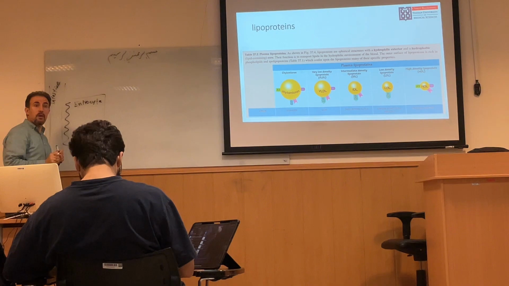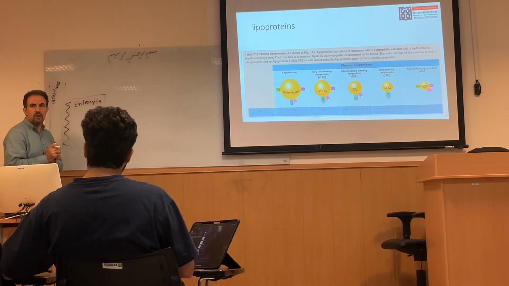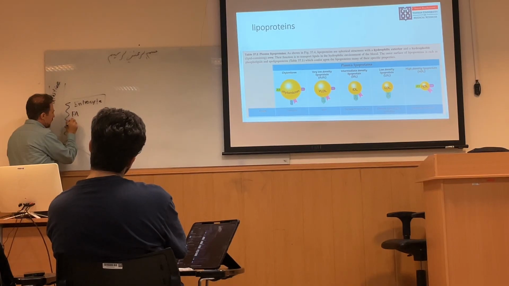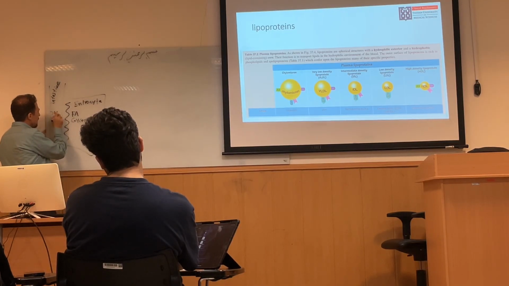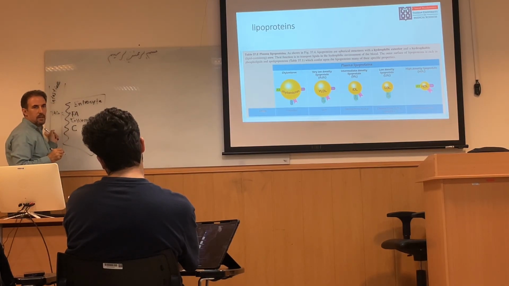I'm not talking about how we absorb those lipids, but with bile acids we help them to absorb. Let's say we absorb fatty acids, glycerol, which in triacylglycerol we have this one and this one, and also cholesterol. I'm going to write cholesterol as a C.